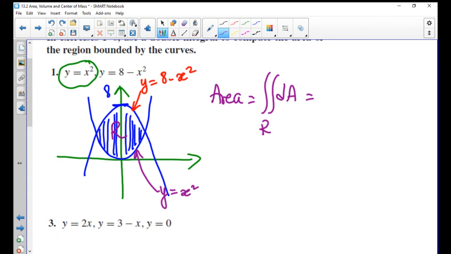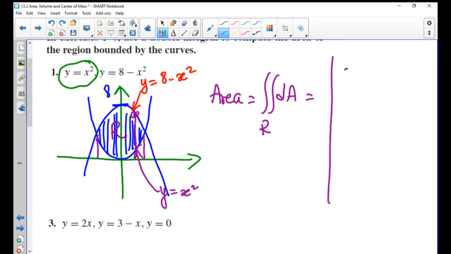Now, you want to integrate over R, so how are you going to do this? First, with respect to y, yes, from here to here. And then with respect to x, we need to find these values, yes? You need to find these values.